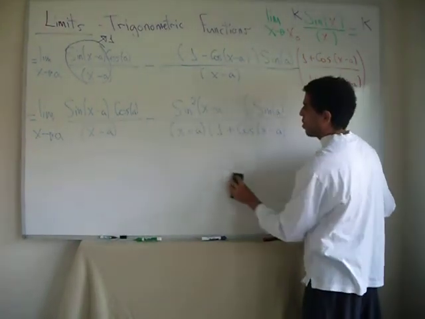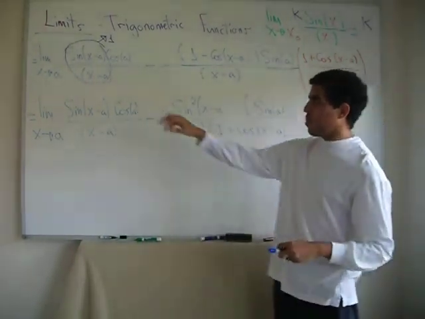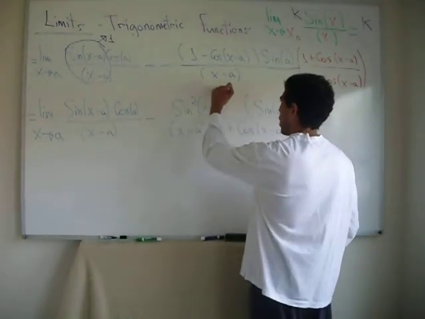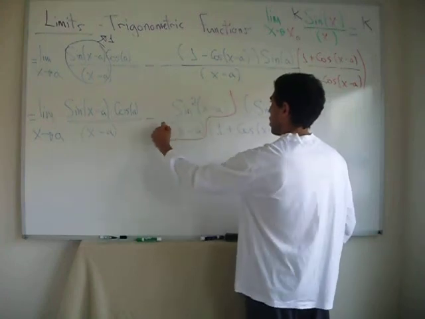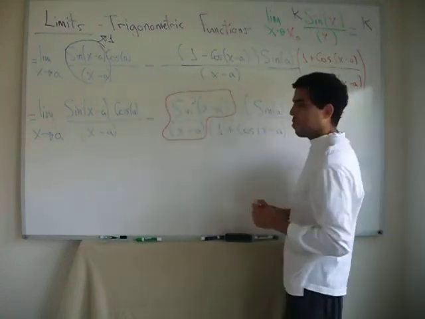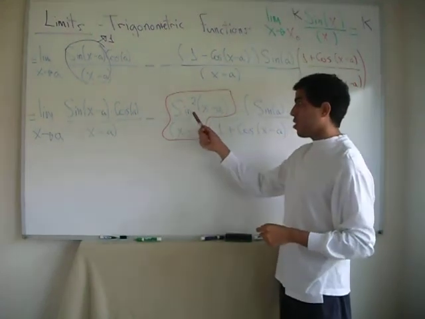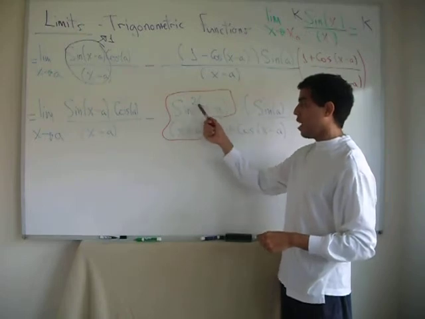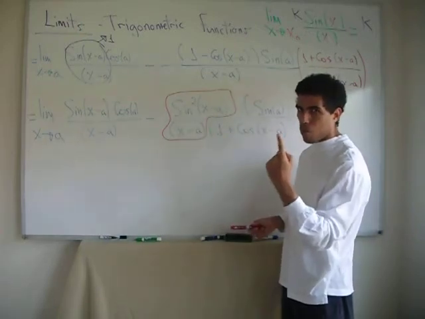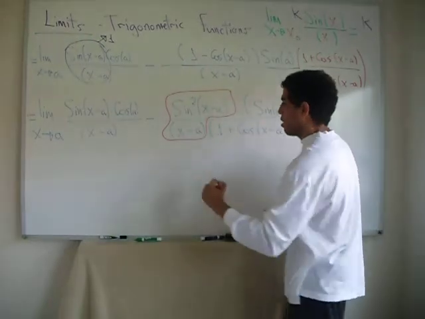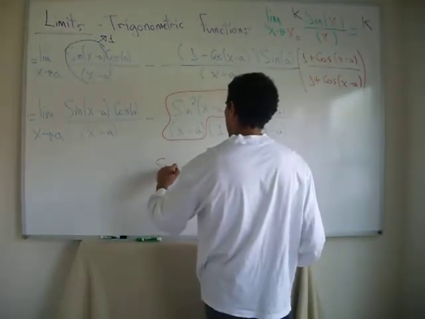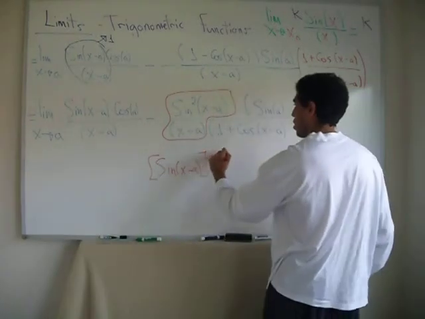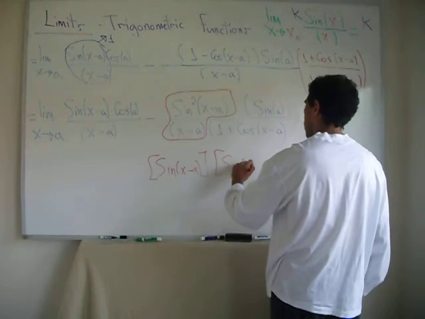Here, we use, again, the notable limit. Just like here. Because as you can see, we have been able to find the same argument for top and bottom. Of course, there's one little detail. There's two sins, okay? There's sin of x minus a times sin of x minus a, hence the square. So we only get rid of one sin, okay? It's like having sin of x minus a times sin of x minus a.